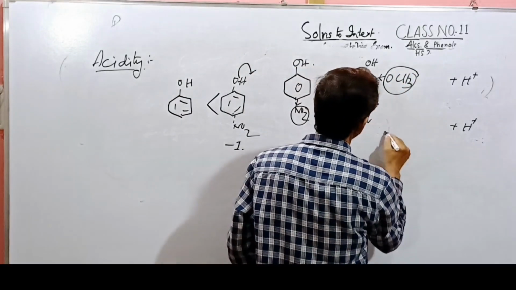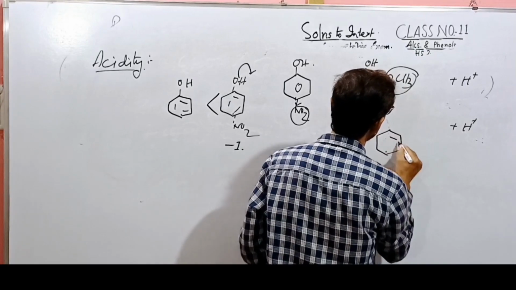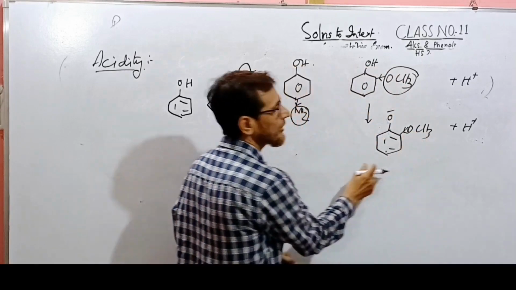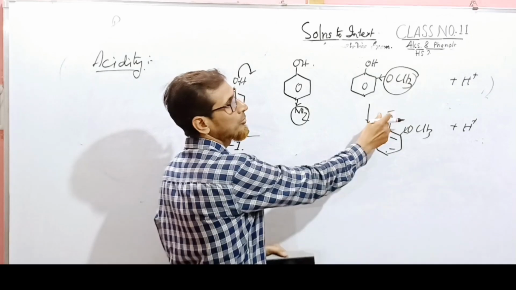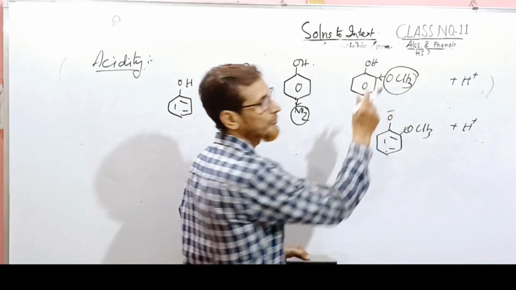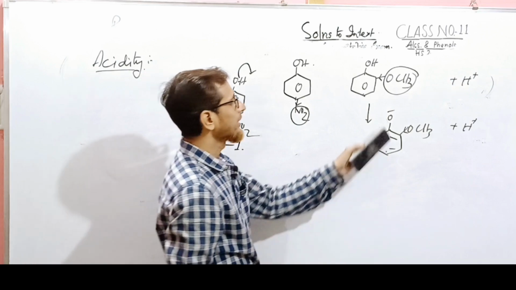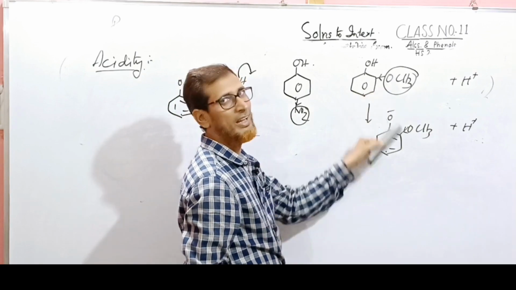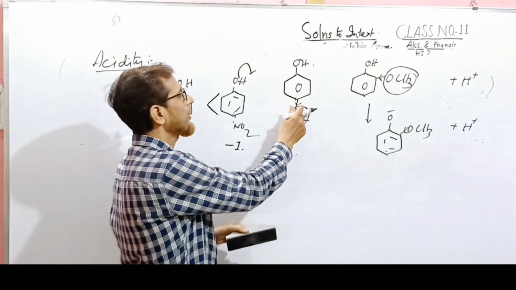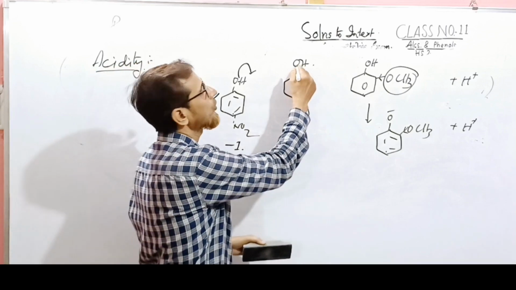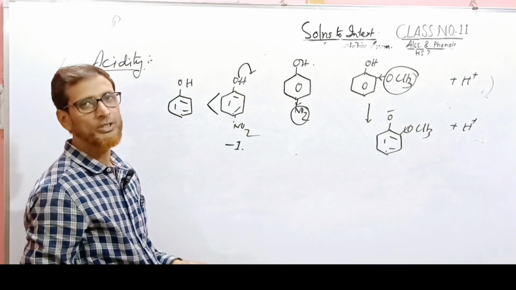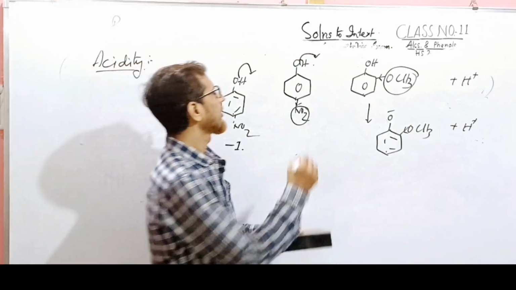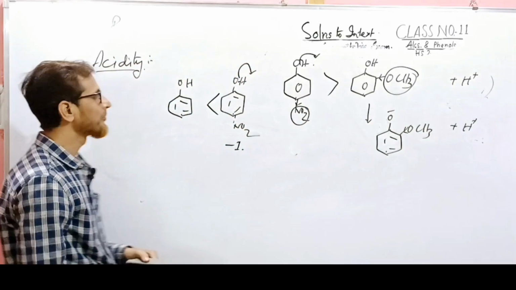When hydrogen is released from this one, the group pumps electrons and more electron density accumulates on O negative. That's why the ion stability with resonance will be hampered, so it will be less acidic. On the other hand, the NO2 group withdraws electrons, so the O-H bond will be deficient in electrons and weaker, and that will facilitate the removal of hydrogen as a proton. Therefore that one will be more acidic than this one.